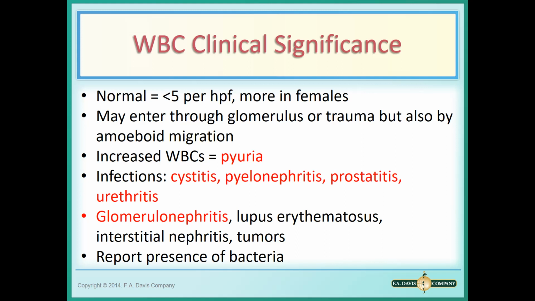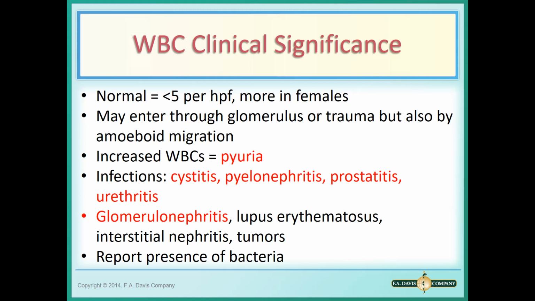When we start to see higher numbers than that, we're going to call it pyuria. And we are going to consider that it's most likely some kind of infectious disorder: cystitis, pyelonephritis, prostatitis, urethritis, inflammation of those areas individually. Glomerulonephritis is another one.